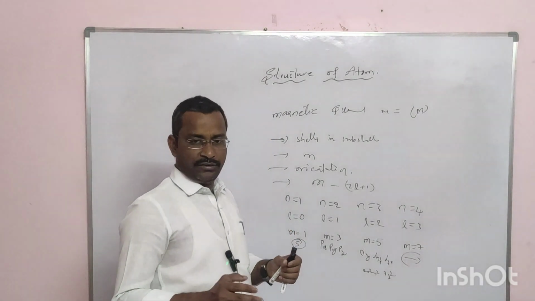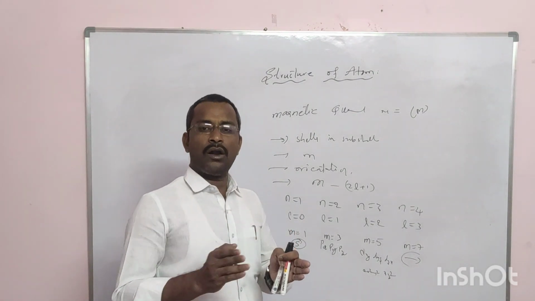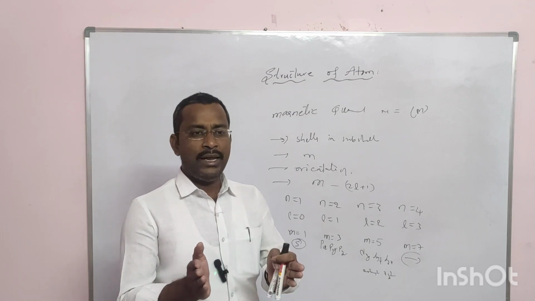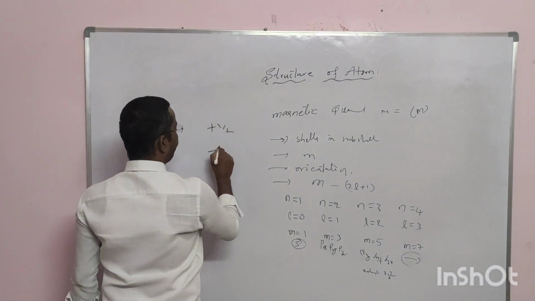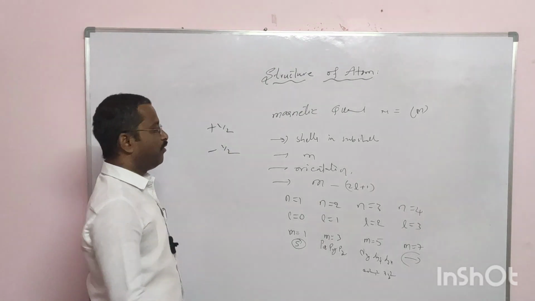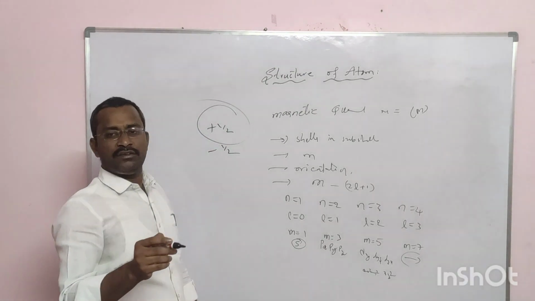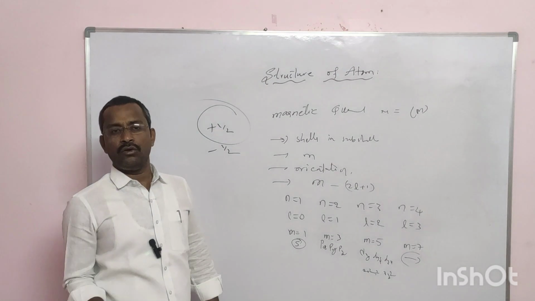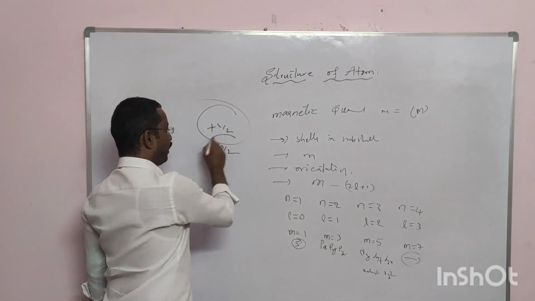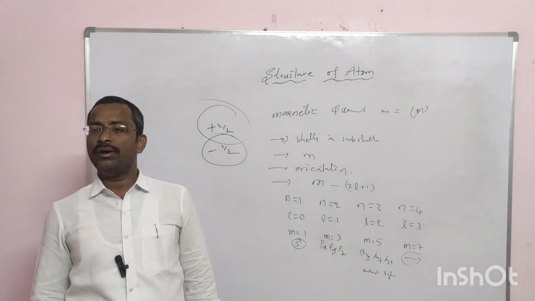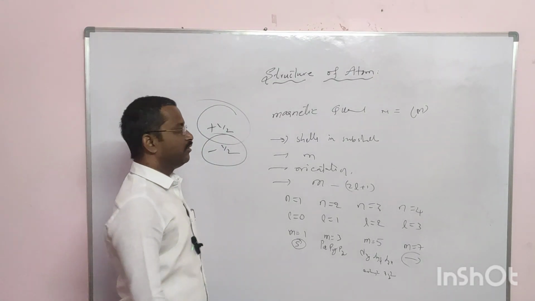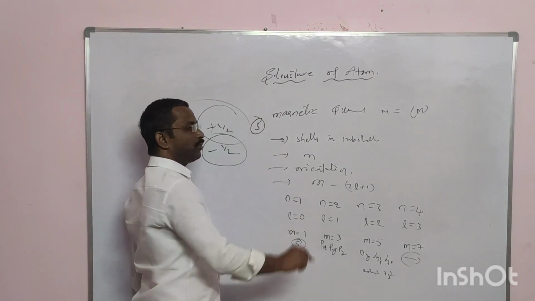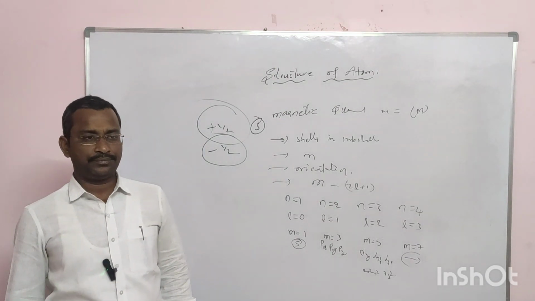The energy of the orbital is divided equally between the 2 electrons. One will be plus half, the energy of the electron revolving clockwise, and one will be minus half, the energy of the electron revolving anti-clockwise. This is the spin quantum number, represented by S.